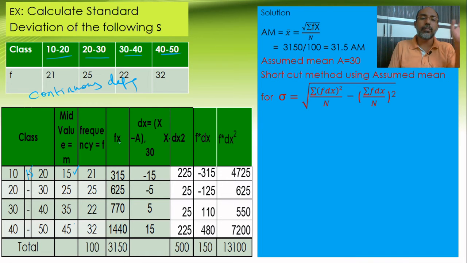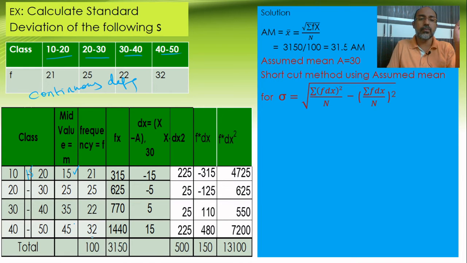Then to calculate the arithmetic mean, we have taken fx. This is for calculation purpose only. Even if you don't want to calculate the arithmetic mean, it is up to you. But I have calculated it for our understanding: 3150.